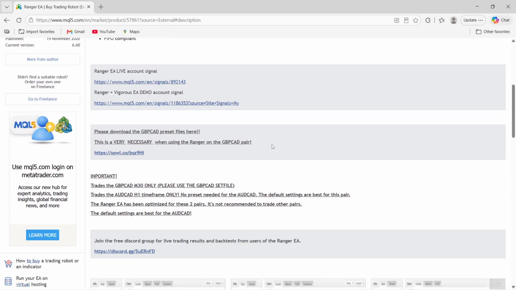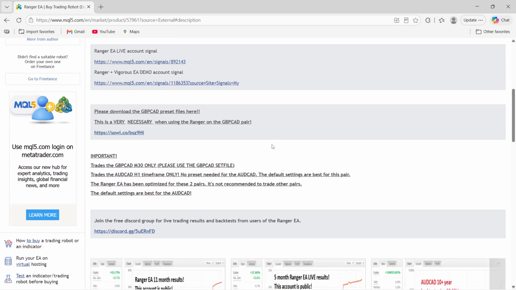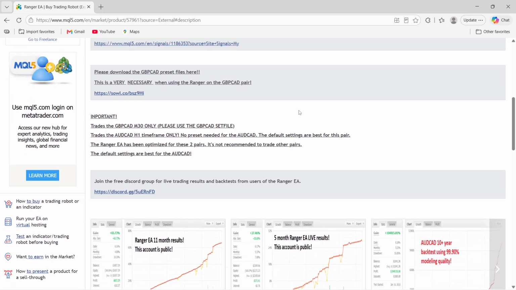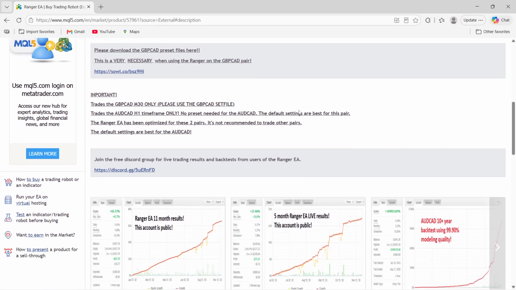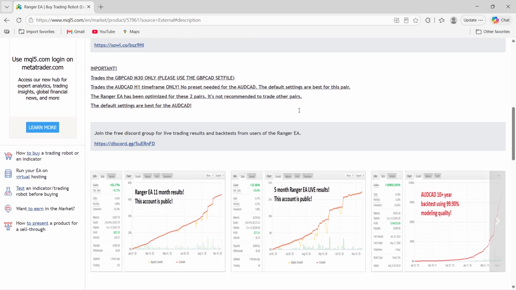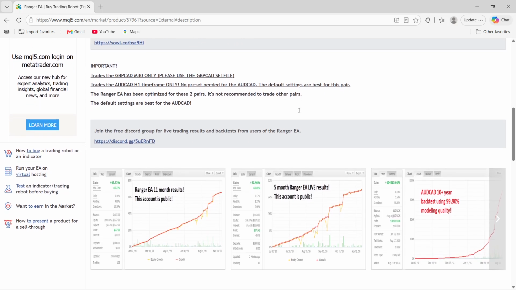Now on the features, it's fully automated, comes with a built-in manual trading panel, so you can jump in and take your own trades if you want. There's customizable settings, built-in money management, and detailed instructions. They offer full support and free updates.